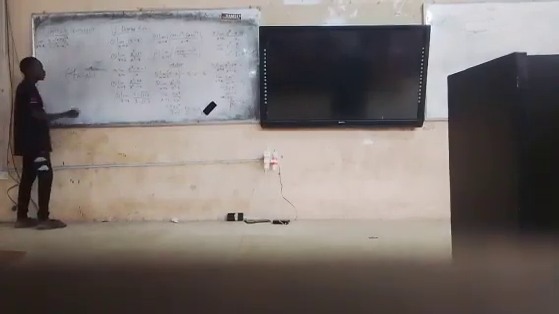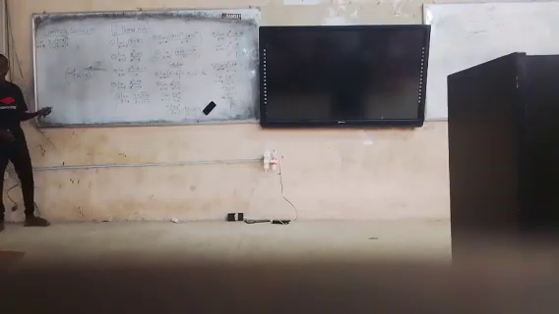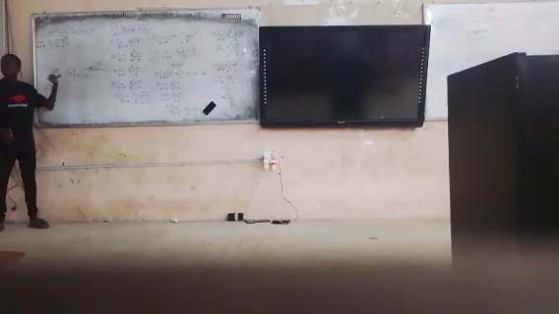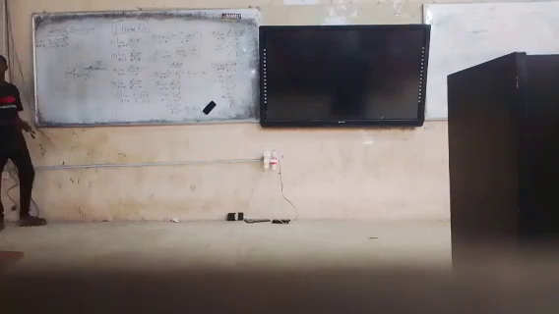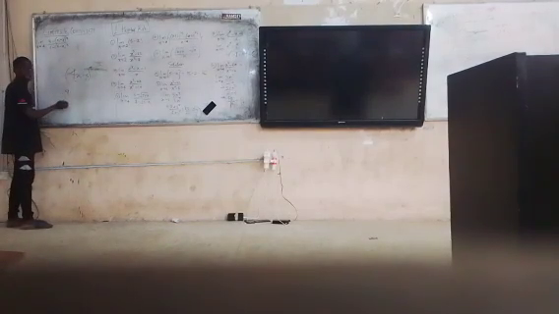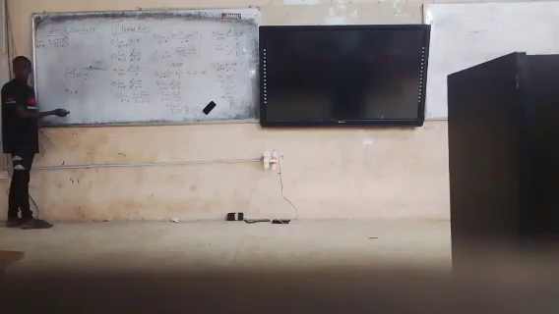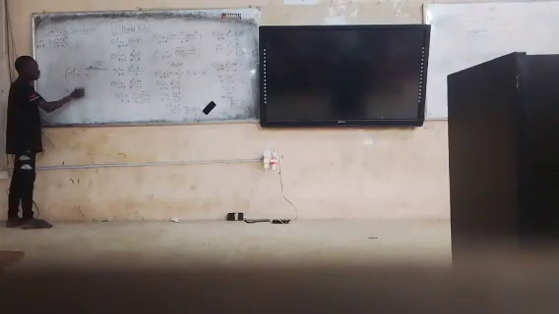The power I have on top, I write it out first. 9. Multiply by the derivative of what is inside, 4. Multiply by write your expression back and reduce the power: 4x minus 5 to the power 8. By the time you multiply it, you will get 36 times (4x minus 5) to the power 8.